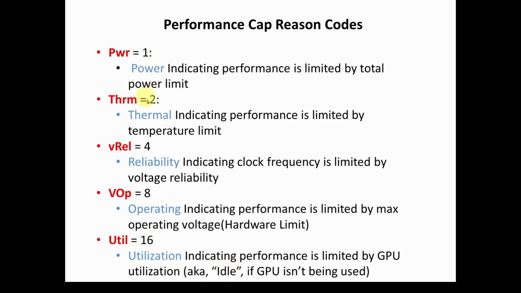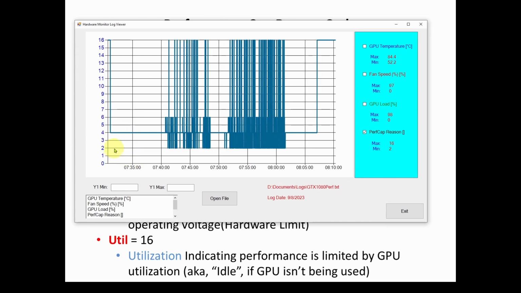So there's 1, 2, 4, 8, and 16. And you can imagine this is probably 5 bits in a number that are being set to indicate what the performance cap reason is.